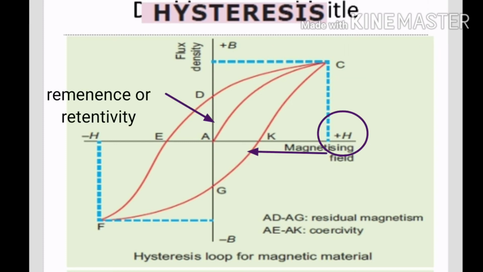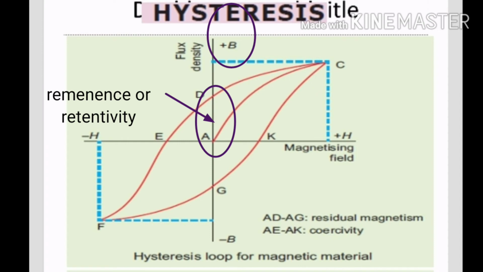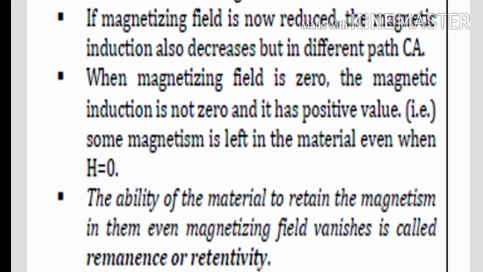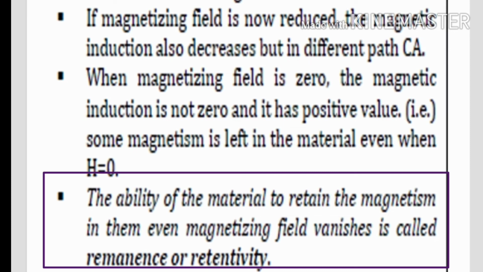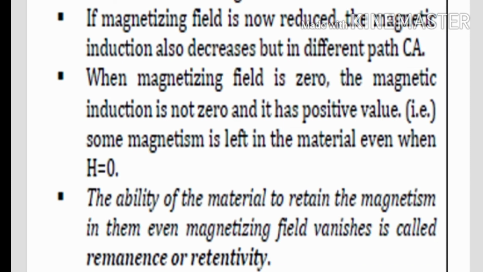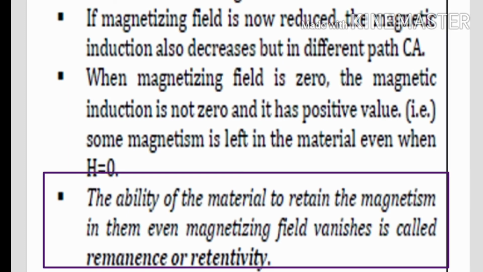If the magnetizing field is reduced, the magnetic induction also decreases but along a different path CA. When the magnetizing field is 0, the magnetic induction is not 0 and has some positive value, such that some magnetism is left in the material even when H is equal to 0. The ability of the material to retain the magnetism even when the magnetizing field vanishes is called remanence or retentivity.